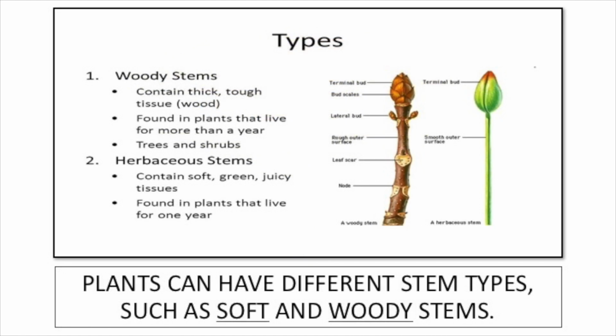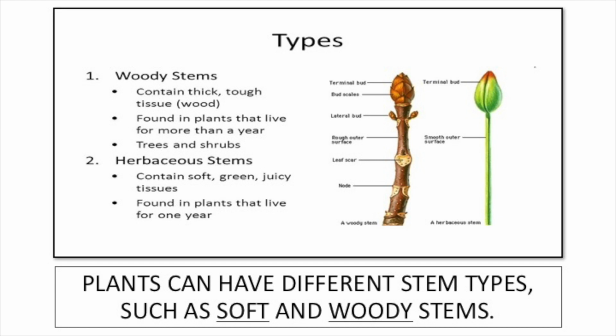Plants can have different stem types, such as soft and woody stems. Yes. Now the first one here, the green stem, is what we call soft stem.